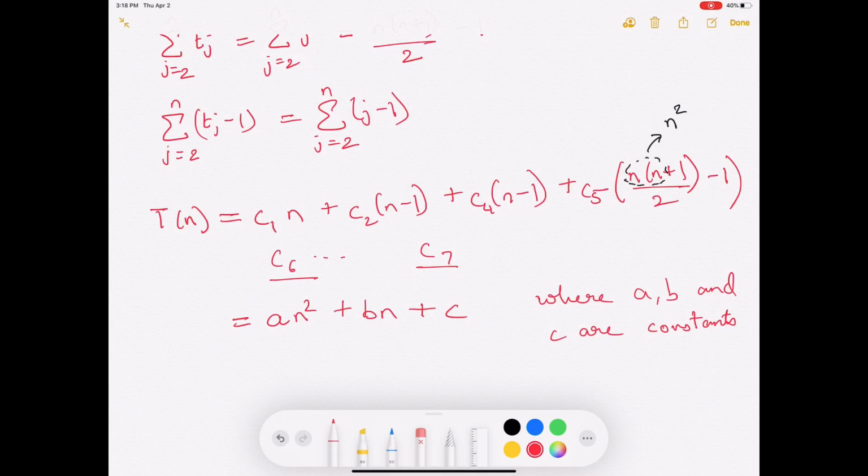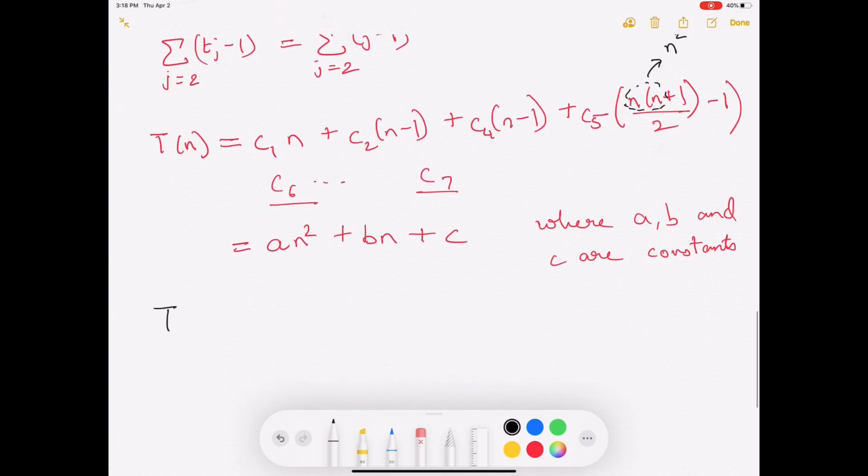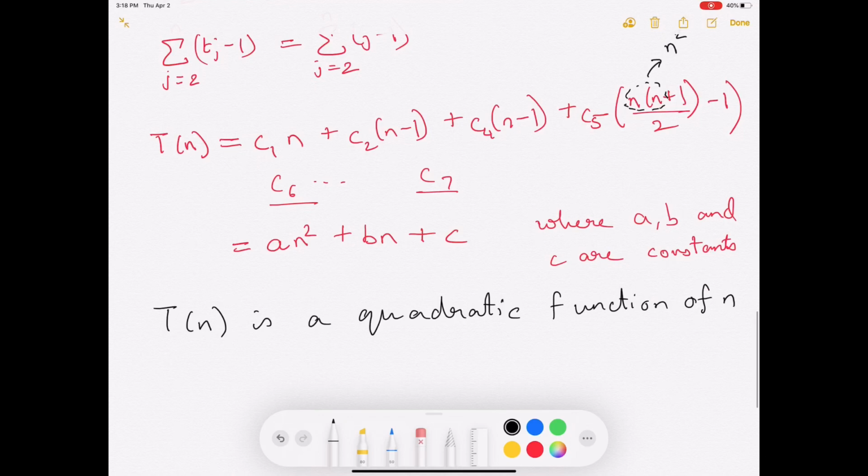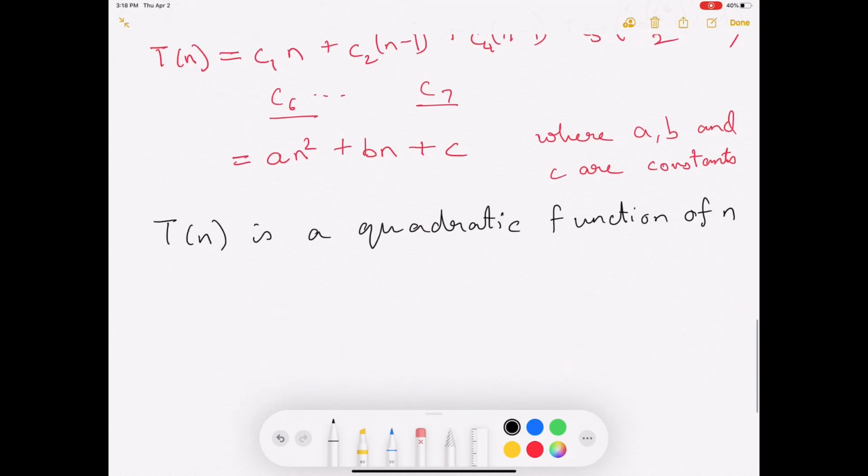So the takeaway message here is T(n) is a quadratic function of n. If you want to write it in terms of the O expression, T of n is O of n square.